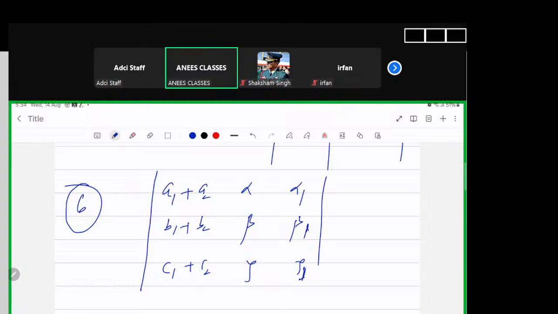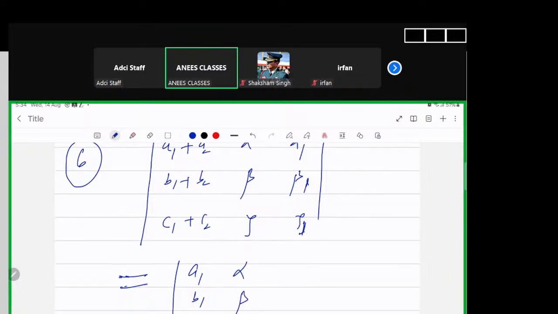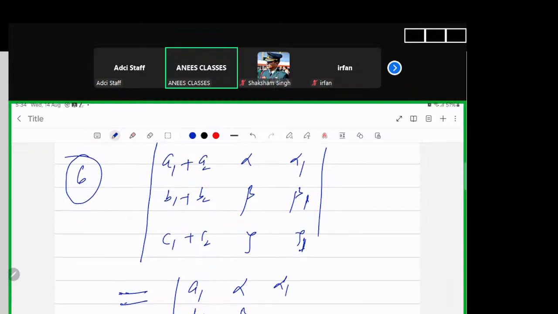I can separate it: A1, B1, C1, with the second and third rows remaining as they are, alpha, beta, gamma, alpha 1, beta 1, gamma 1, plus A2, B2, C2 in the first row, with the others remaining as they are. Understood, Saksham?